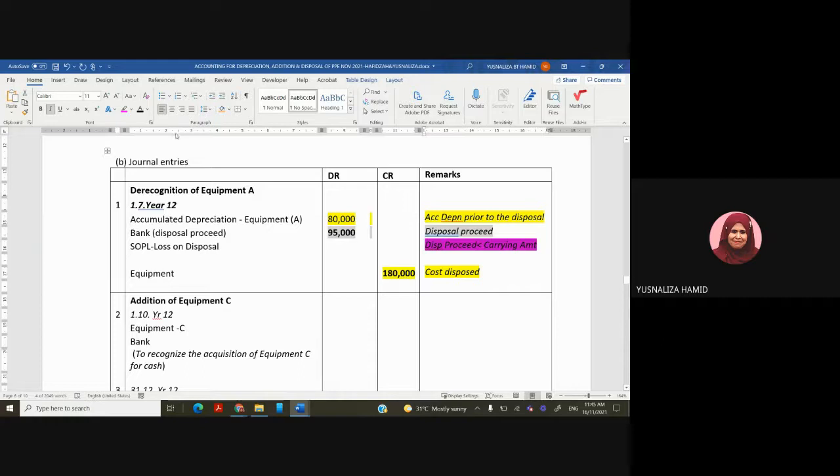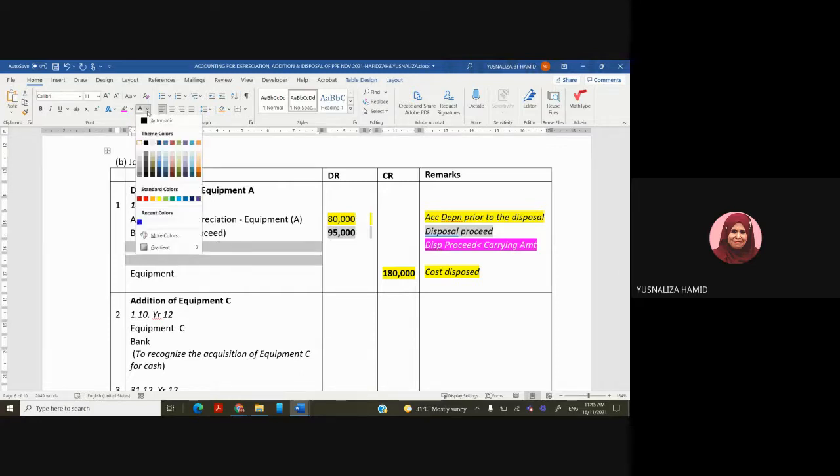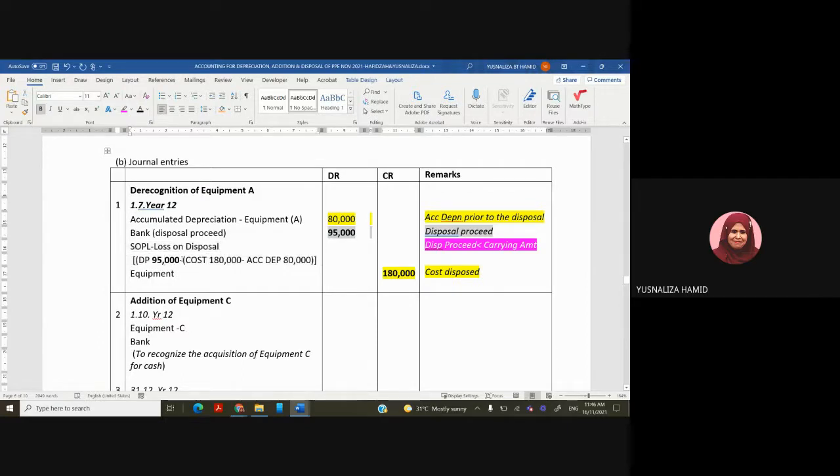You need to do some calculation. So if you look, how do we calculate? First, the disposal proceed is 95,000. And the cost is 180. 180 is this yellow figure there.